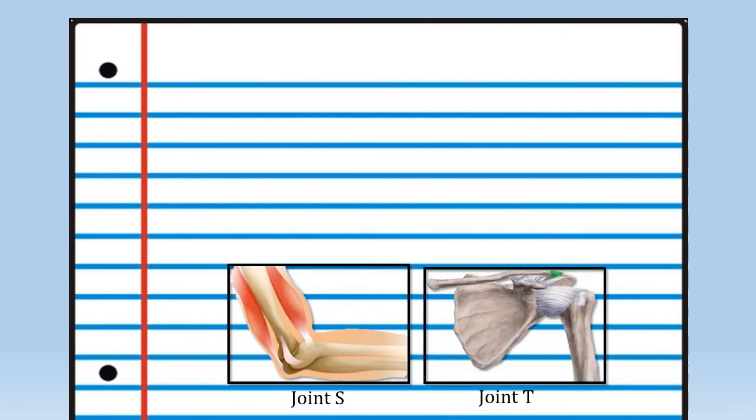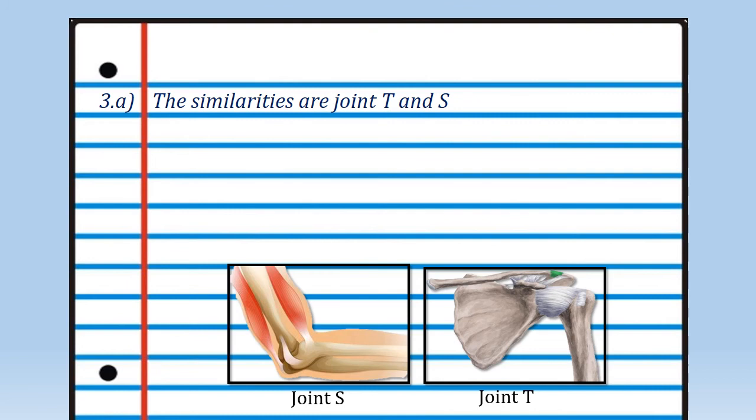To answer this question, let's study the diagram again. It is obvious for us that joint S is the elbow joint and joint T is the shoulder joint, where both of the joints allow movement of the bones. So, we have to list 3 similarities of joint T and S according to the marks stated in the question earlier.